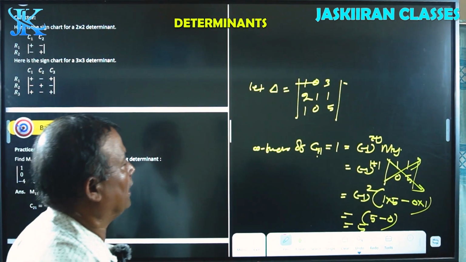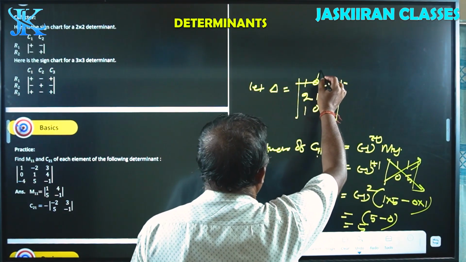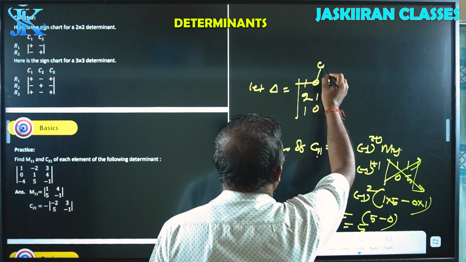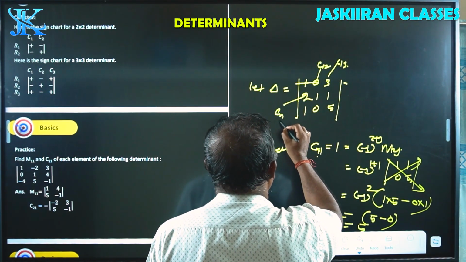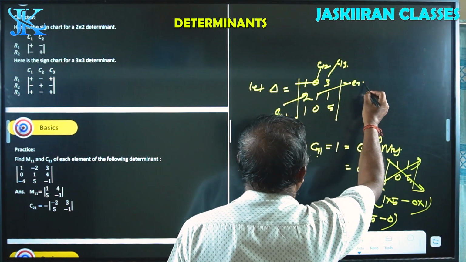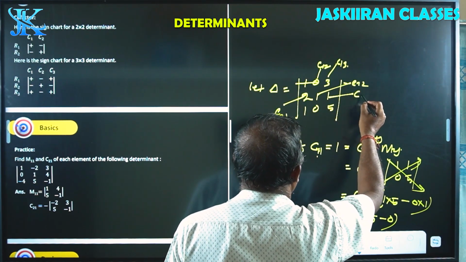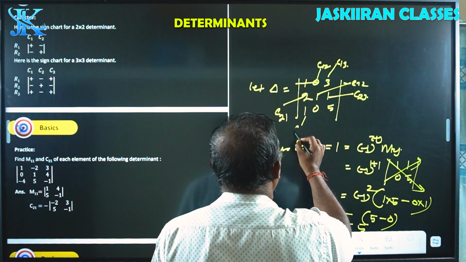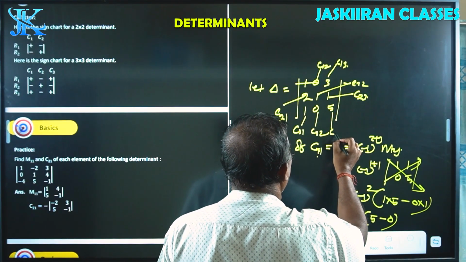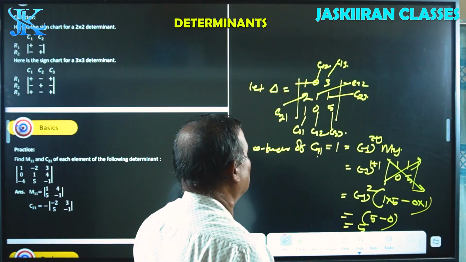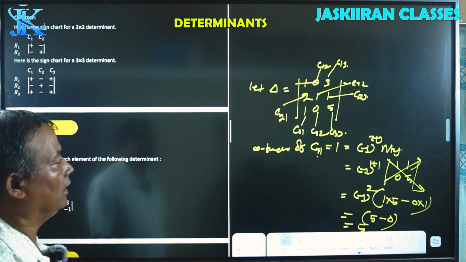Similarly, we can get the cofactors C12, C13, C21, C22, C23, C31, and also C32, and also C33. That is the 9 cofactors of 9 elements.